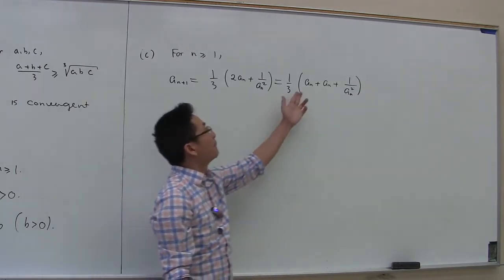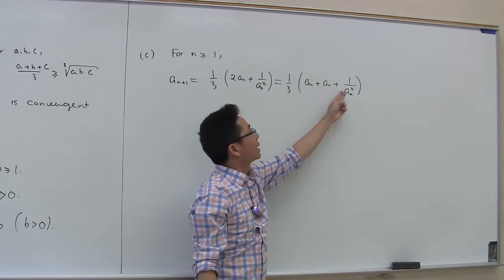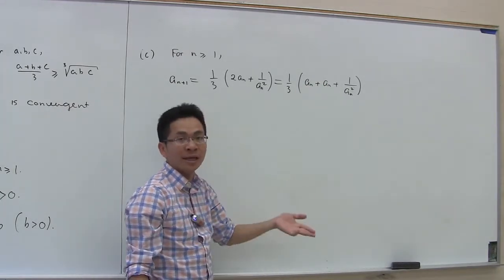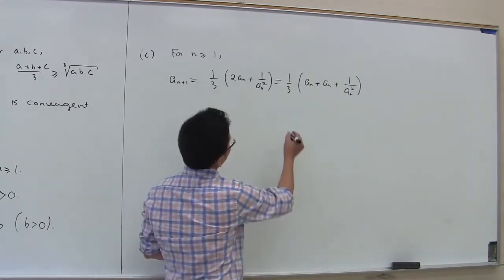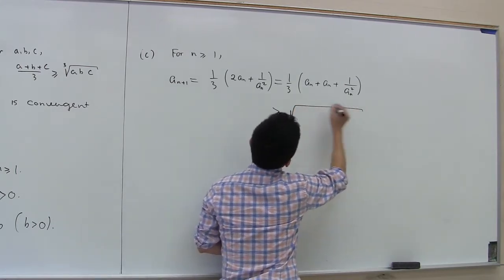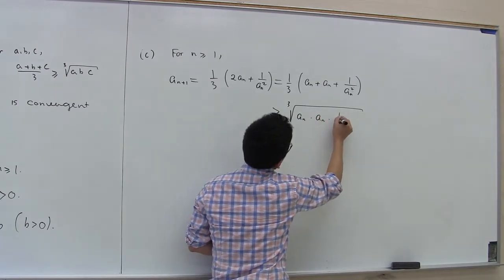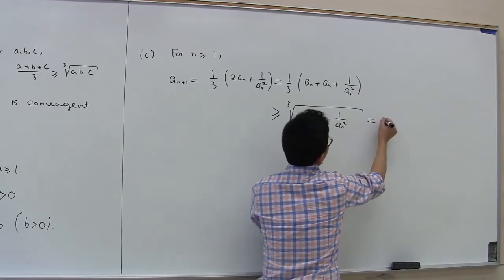So this is the mean of three numbers, an, an, and 1 over an squared. The mean of these numbers is greater than or equal to the geometric mean of these numbers. So this is greater than or equal to the cube root of an times an times 1 over an squared, and this is exactly 1.